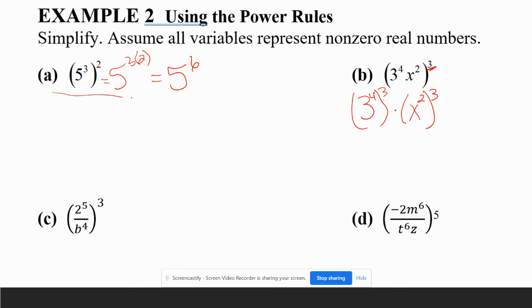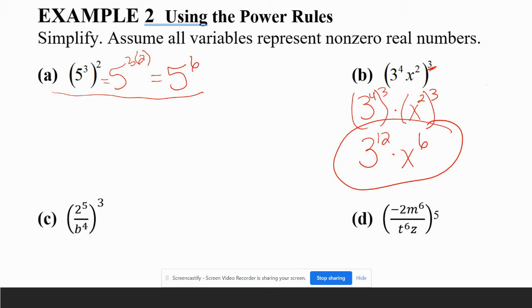Then we use this power rule that we just did for example A and say, I know when I have two exponents like this, then we multiply. So 4 times 3 is 12, and 2 times 3 is 6. So 3 to the 12th, x to the 6th. And that's where we'll stop with that one.